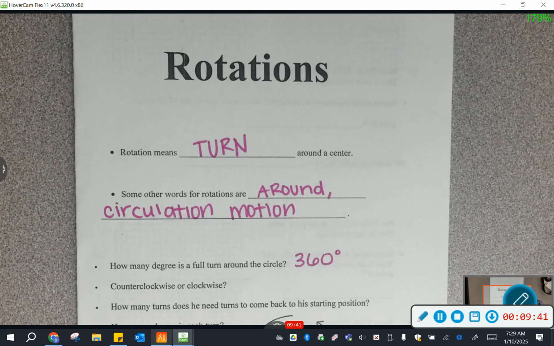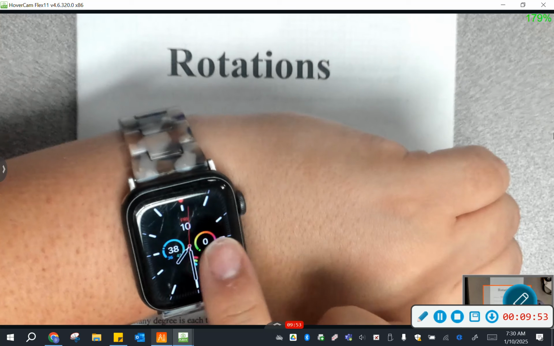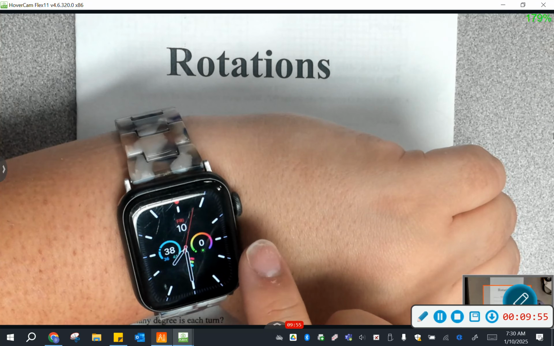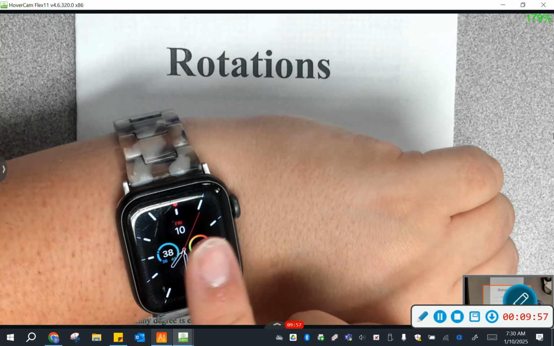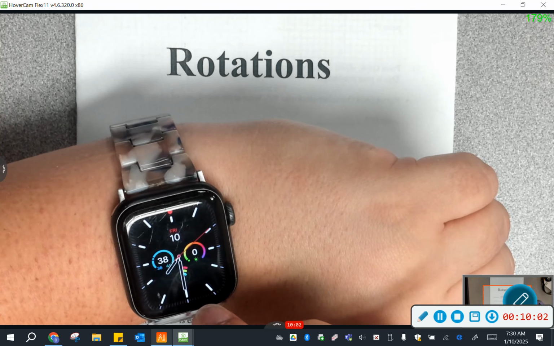Do y'all know what that means? Okay, for those that you don't know, on my watch it does show. You see how the second hand is going to the right and it's going around. That is the motion of clockwise. The way that a clock turns, that's clockwise.